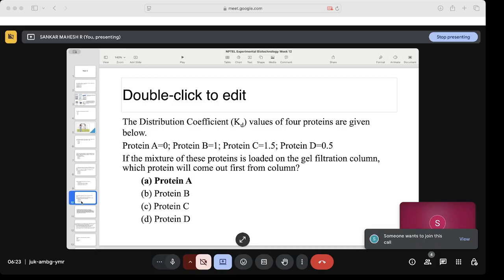And can it be greater than 1? Because for protein C it is given as 1.5. I don't know what happens if it is greater than 1.5. No, just think about the ratio. Just think if KD can be greater than 1.5.